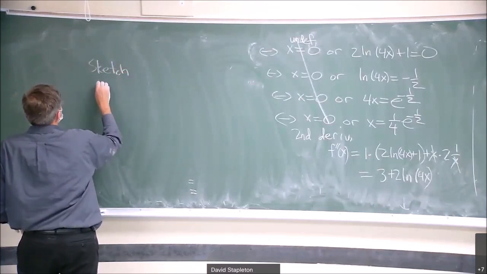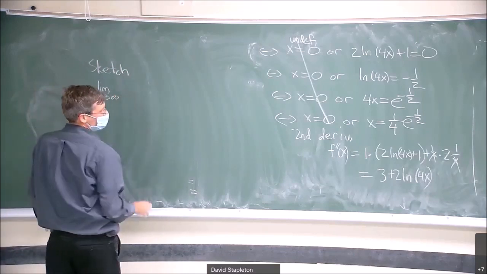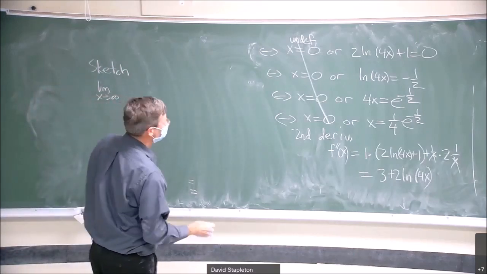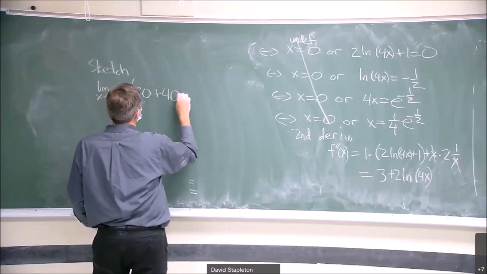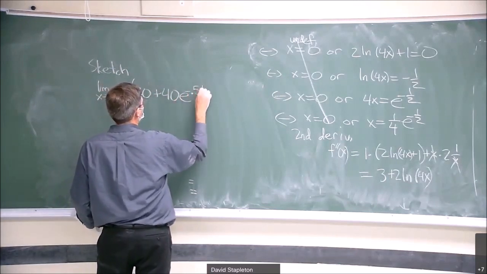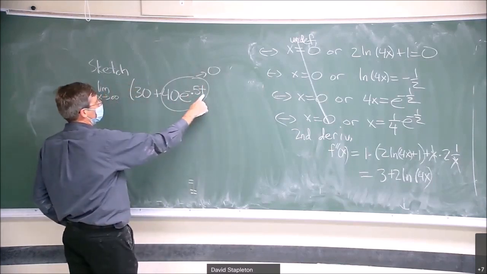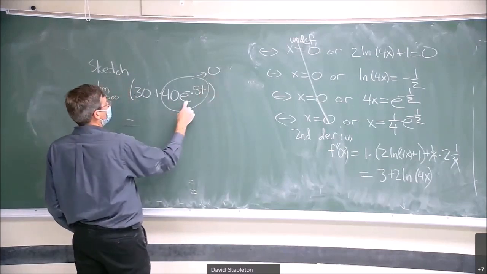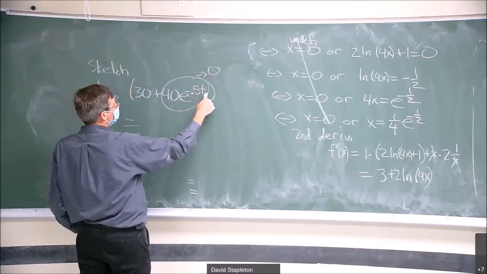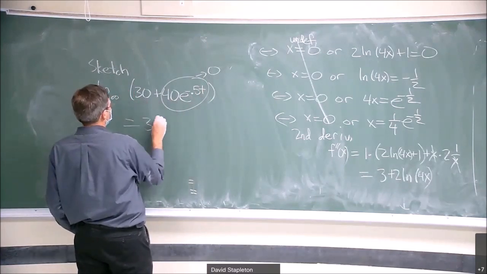Well, we have an asymptote because the limit as t goes to infinity of this function, 30 plus 40 e to the minus 0.5 t, is driven to 0, right? E to the minus anything as t goes to infinity tends towards 0, times 40 still tends to 0. So this limit is actually equal to 30.